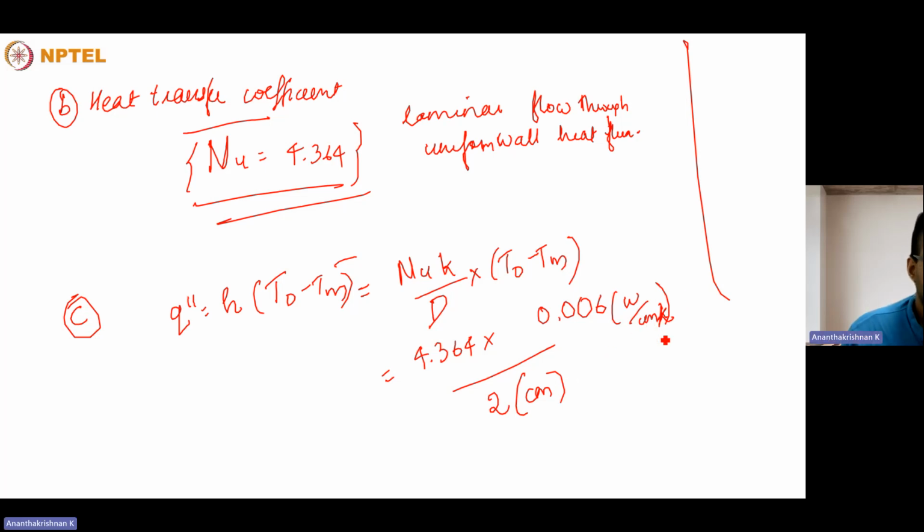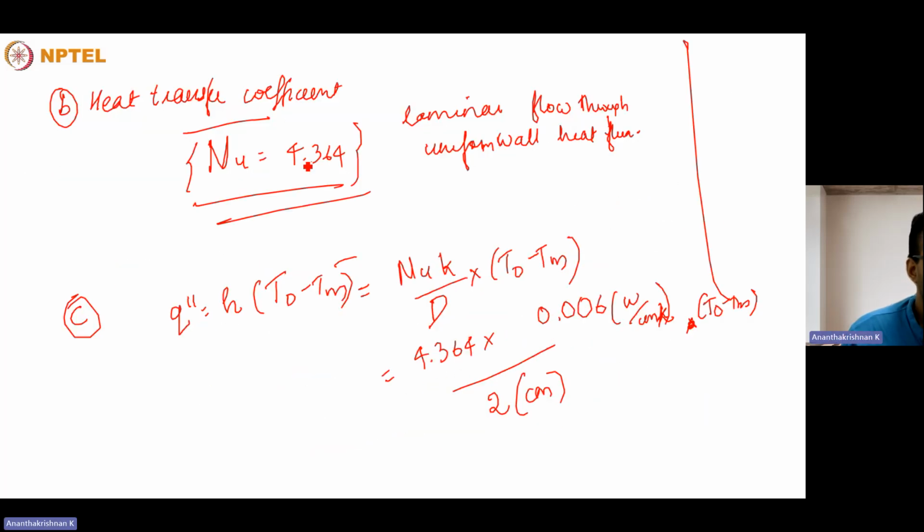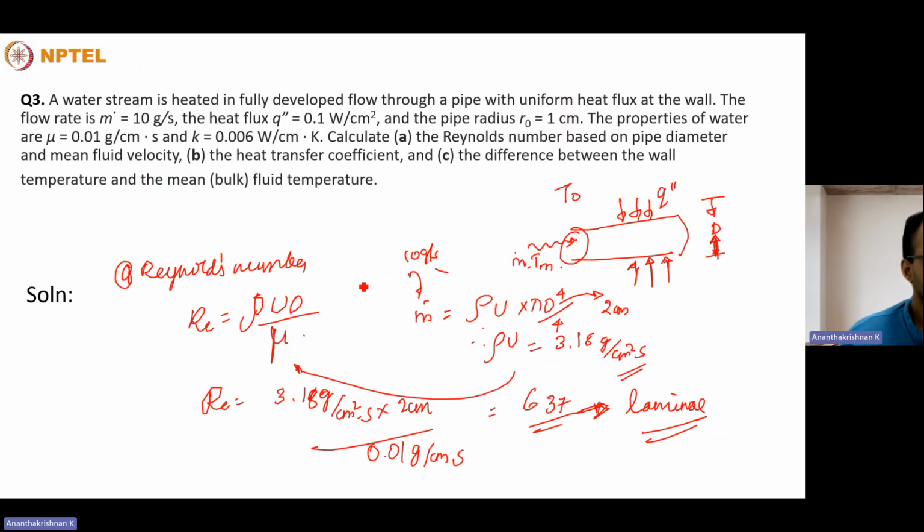And then the heat flux, given in the problem, is 0.1 watt per centimeter squared. Therefore, T0 minus Tm is equal to 7.64 Kelvin. That will be the temperature difference between the wall and the mean temperature of the bulk fluid.